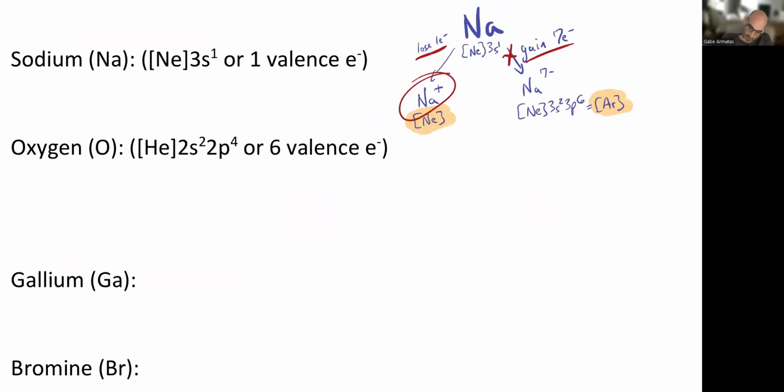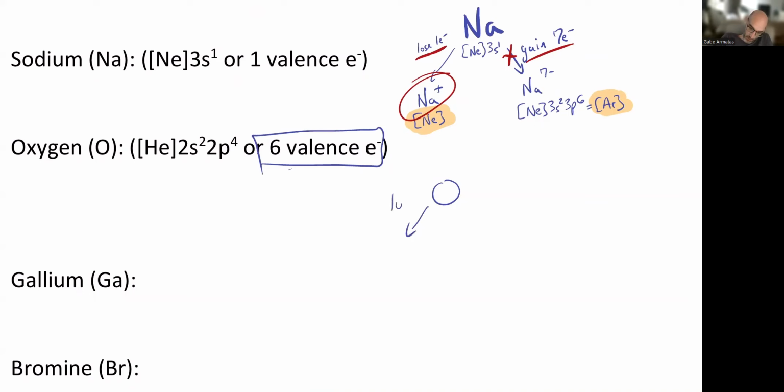Let's take a look at oxygen. Now we're going to simplify it a little bit. Remember, oxygen is going to have 6 valence electrons. So with its 6 valence electrons, it has a choice.